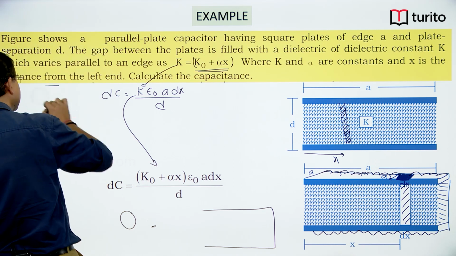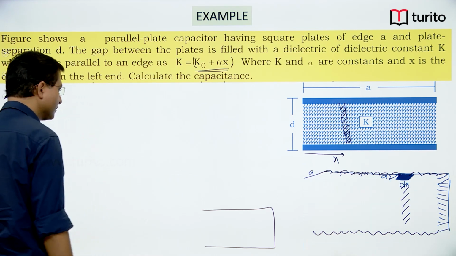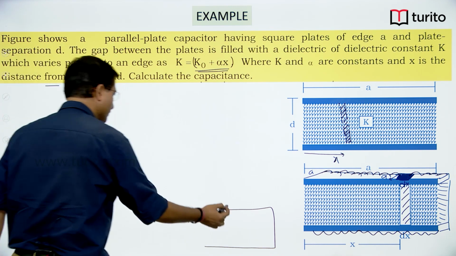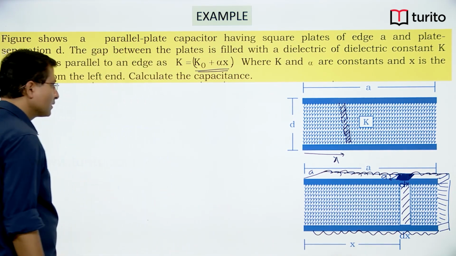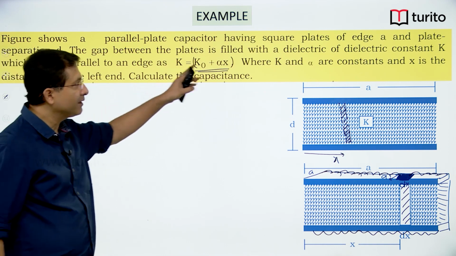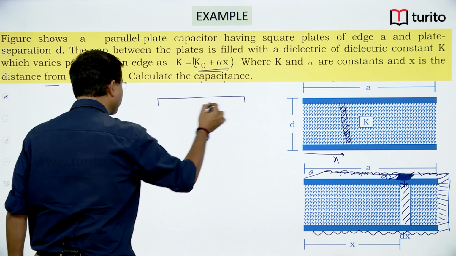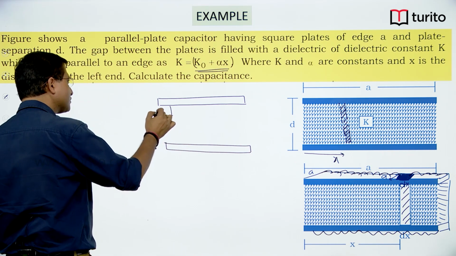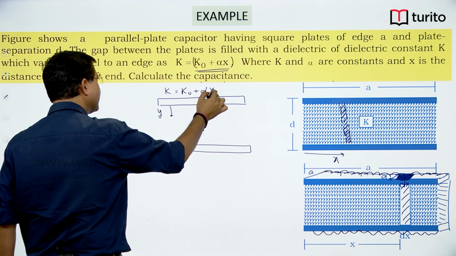So, let us first erase this part. Now, what I am saying is, instead of k varying with x, if I give you a situation where k varies with y, I say this is y and we are getting k is equal to k naught 1 plus alpha y, right.